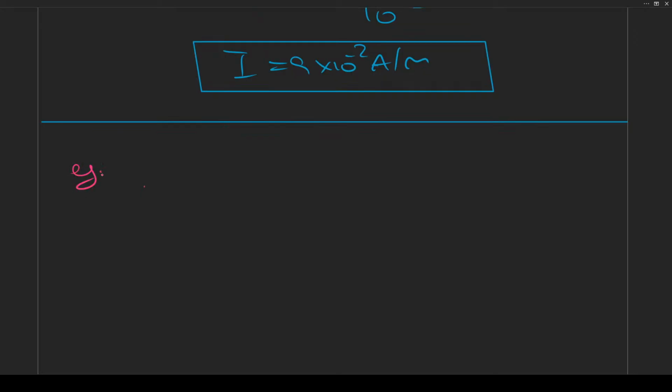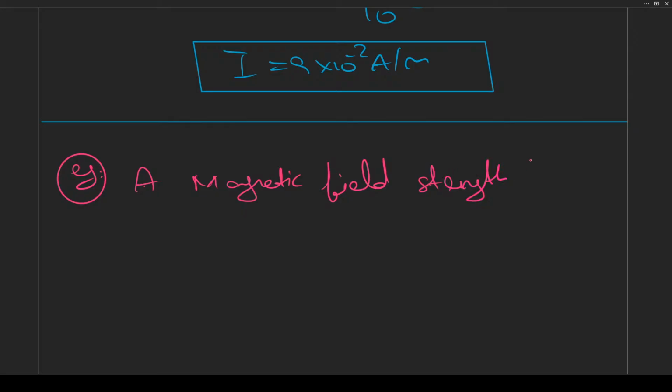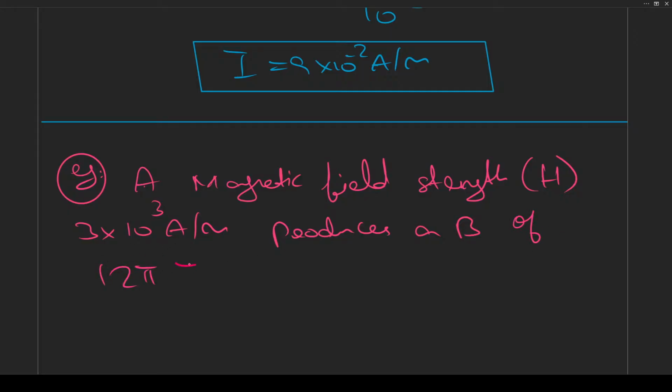Next question. A magnetic field strength, meaning H value, not the B value, which is 3 into 10 power 3 ampere per meter, produces a B magnetic field of magnetic induction of 12 pi Tesla in an iron rod.